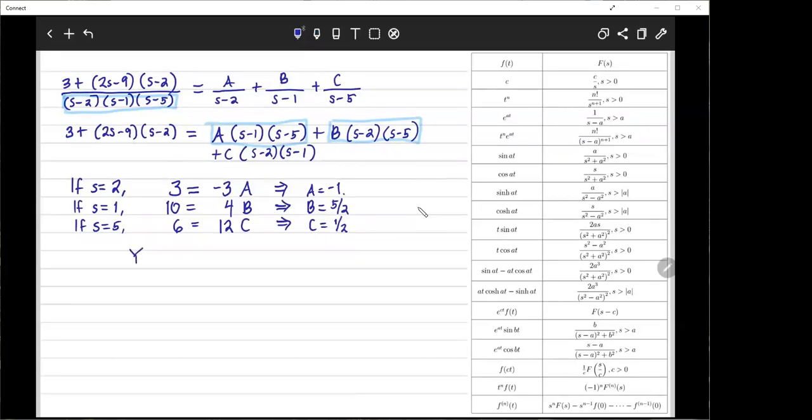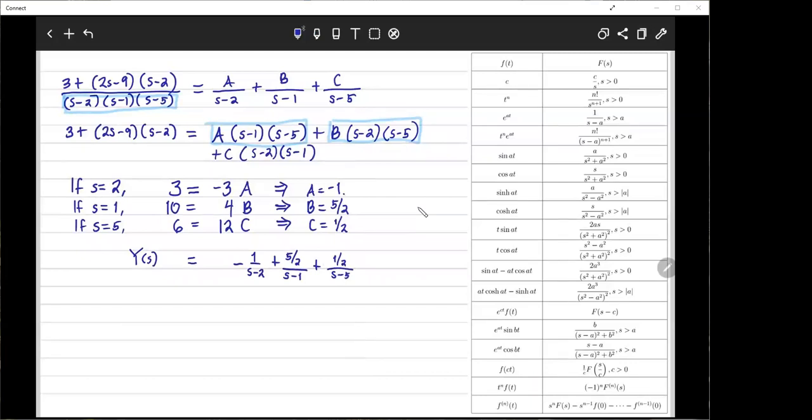I have Y of s equals -1 over s minus 2, or negative ng 1 over s minus 2, plus 5 over 2 over s minus 1, plus 1/2 over s minus 5.